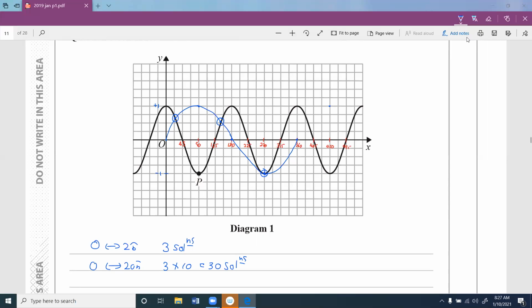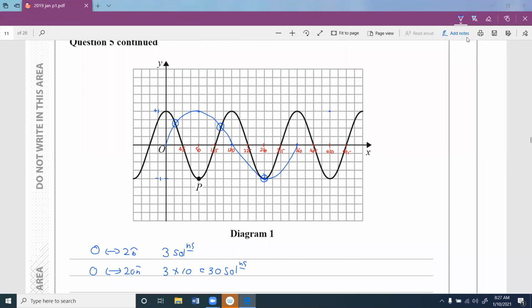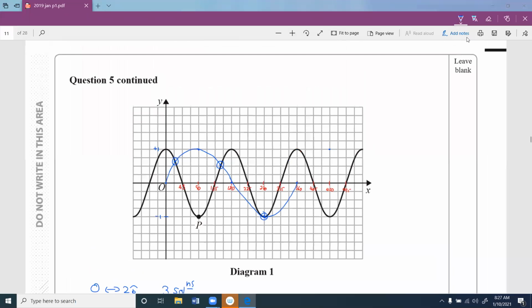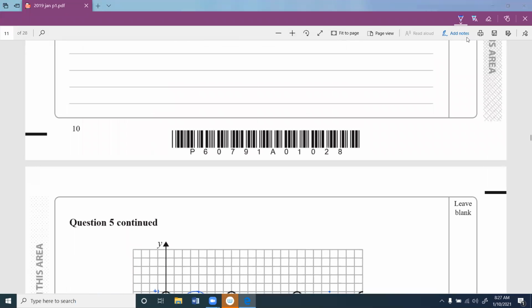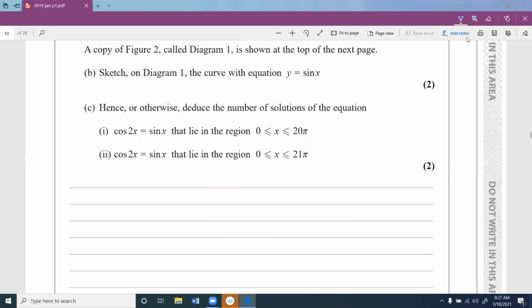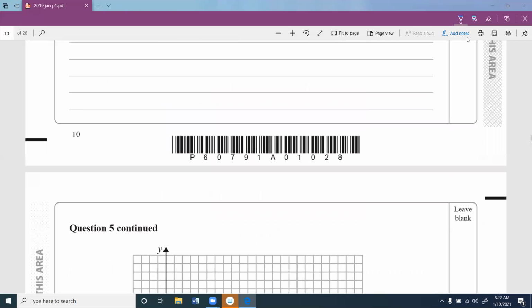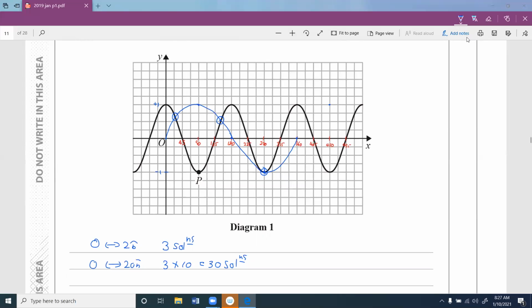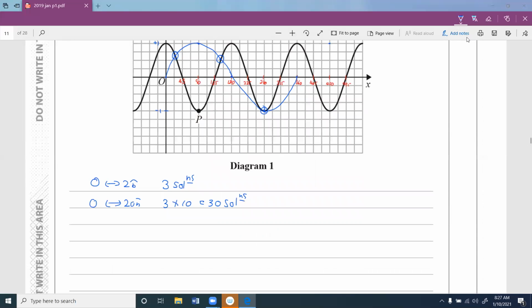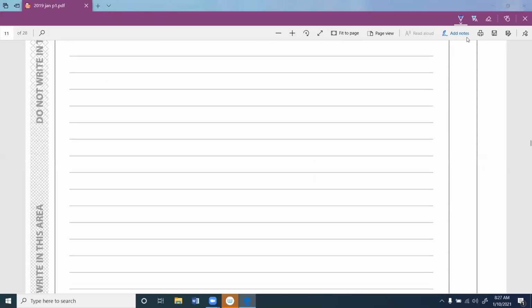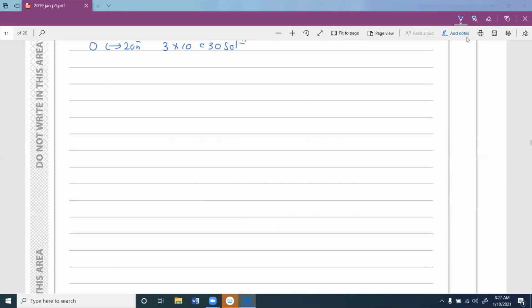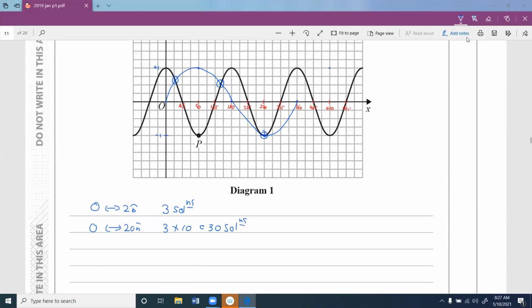Right. Then they are referring to 0 to 21π. Then how do you find this? This is the point where we need to understand, right?